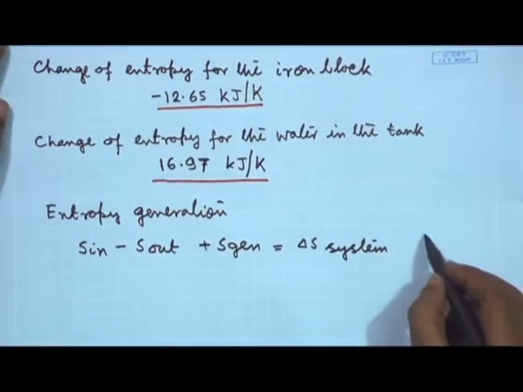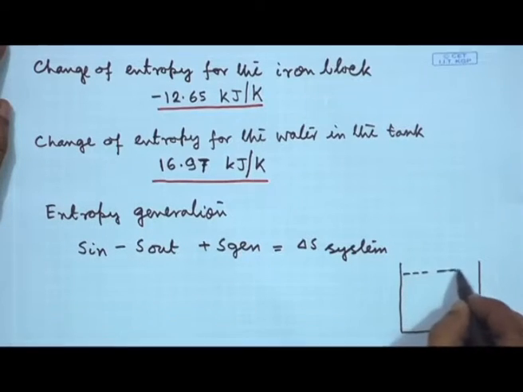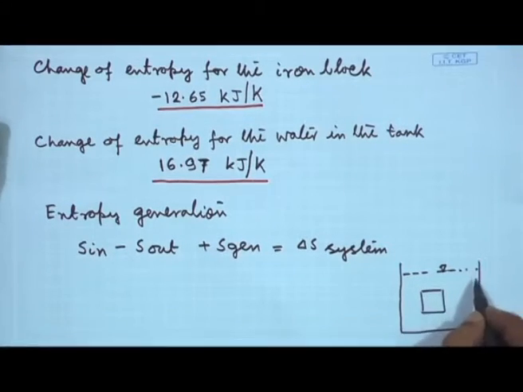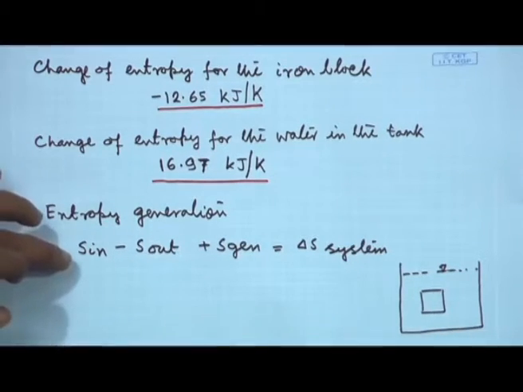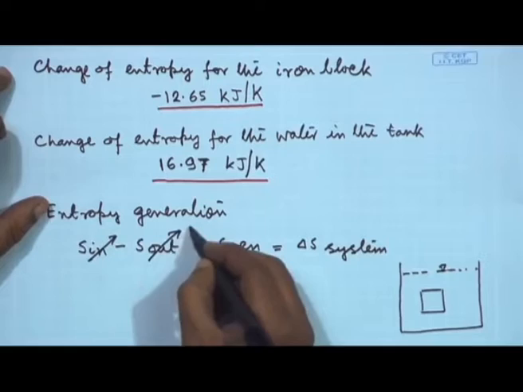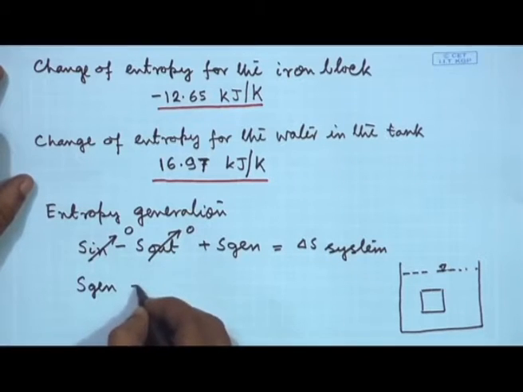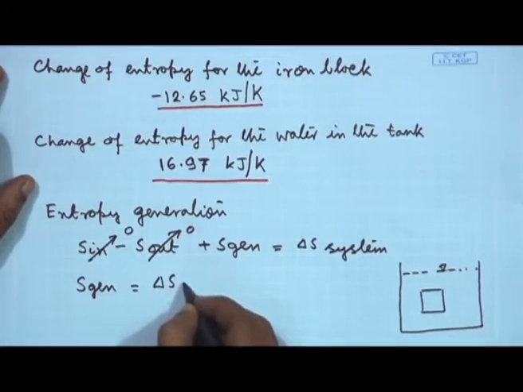Now, let us think that this is the tank and this is the iron block. The water in the tank and the iron block constitute the system, and there is no heat transfer out of the tank. So, what we can see is that S in is equal to 0, S out is equal to 0, these two terms can be written as 0, and then S gen is equal to delta S system.